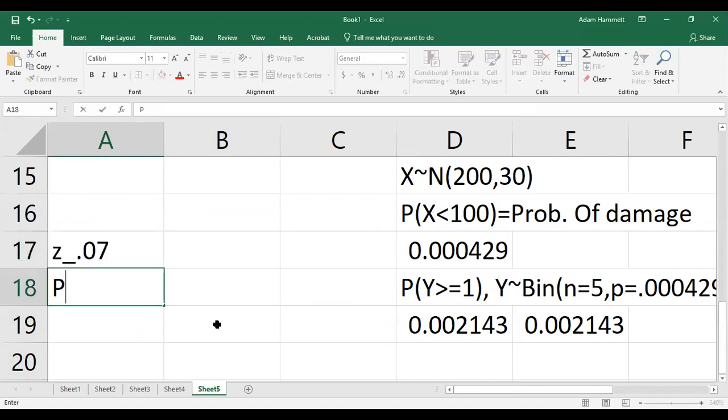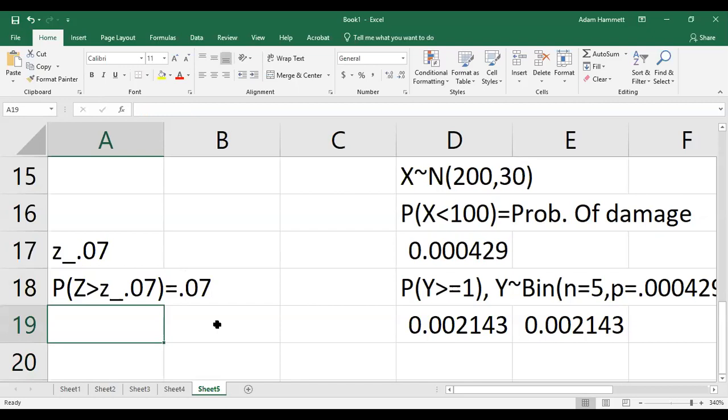That means that the probability that Z is greater than or equal to Z sub 0.07 is equal to 0.07. It doesn't really matter whether it's greater than or equal to. So I want a number that has that property. By symmetry of the normal bell-shaped curve, the probability that Z is less than the negative of Z sub 0.07 is also equal to 0.07.